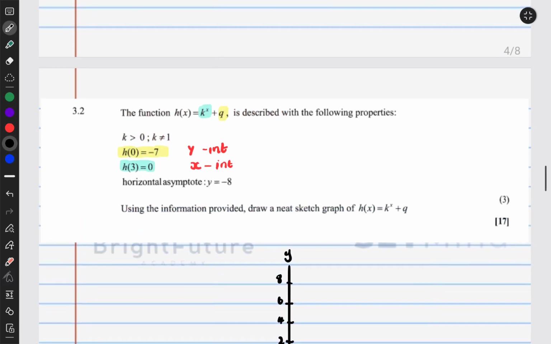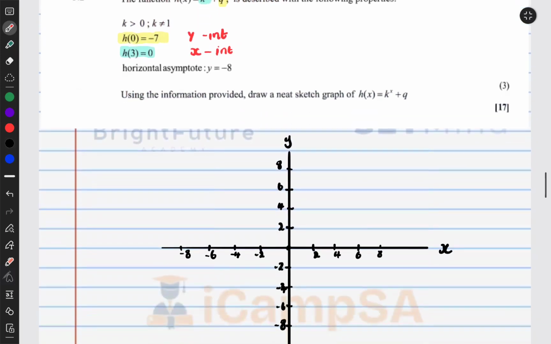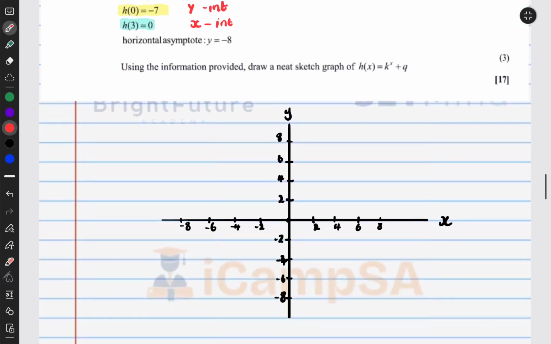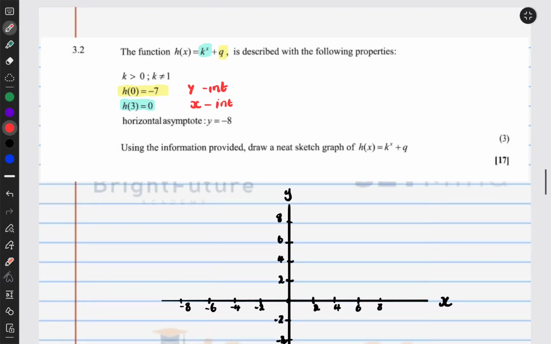Let's start by sketching our asymptote, which is -8. That will be our horizontal asymptote, where y is equal to -8.